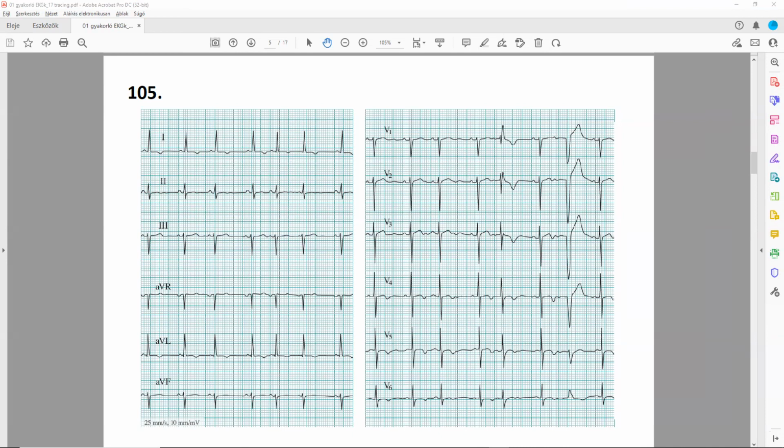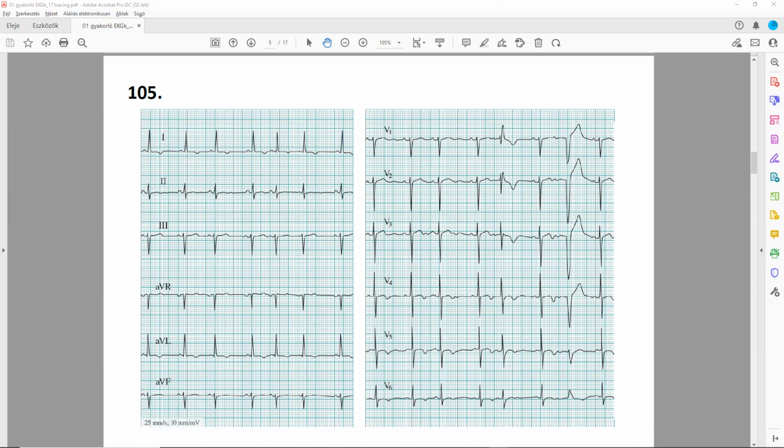Lead number 2 is equiphasic to minus 30 and 150. Now look at AVF. You said AVF is negative, so we are here. It means that the axis is minus 30.